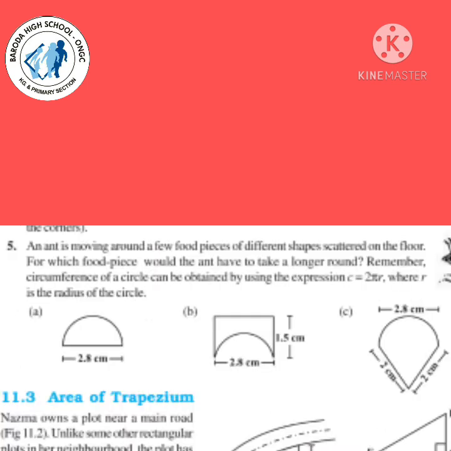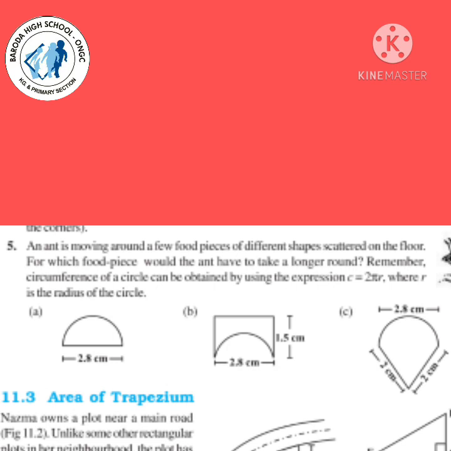Now fifth, you have to find out how much the ant has to move to go around the food pieces. So the first piece is a semicircle. You have to find the perimeter of the semicircle. Now the perimeter of a circle is 2 pi r and the perimeter of a semicircle is 2 pi r upon 2, that is pi r. Here the diameter is given as 2.8 centimeter. So you have to find 22 upon 7 into 1.4.